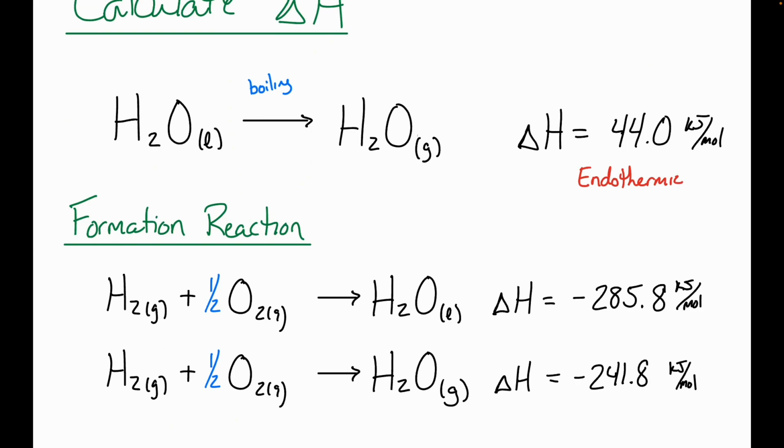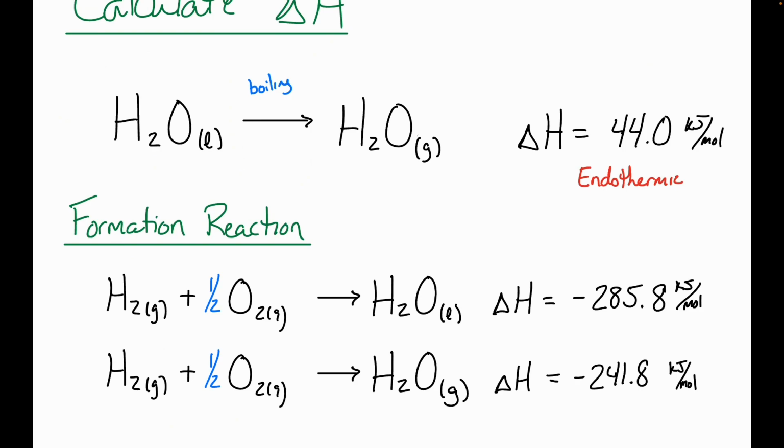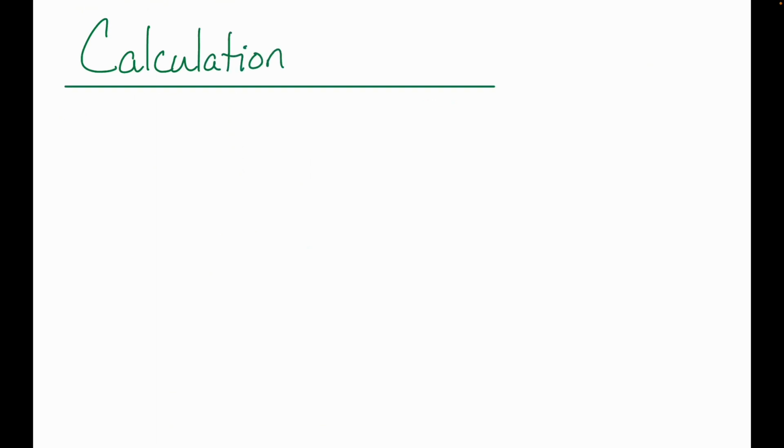Okay, so we can do this for any chemical reaction. We can look up those values for those formation reactions and use them to calculate the enthalpy change for any reaction. All right, so we can simplify this here. We don't have to go through the process of writing out those chemical reactions every time.